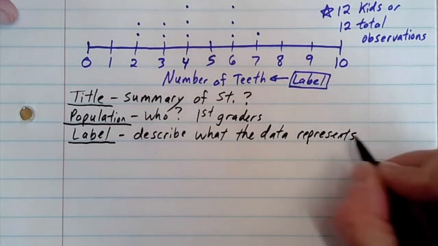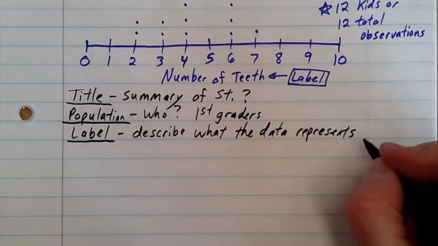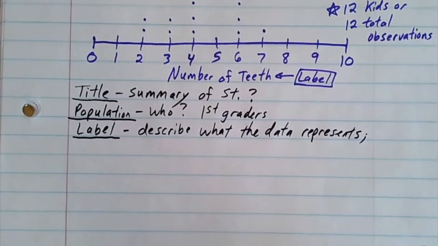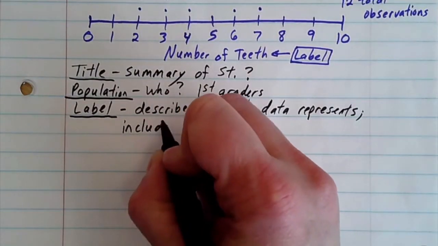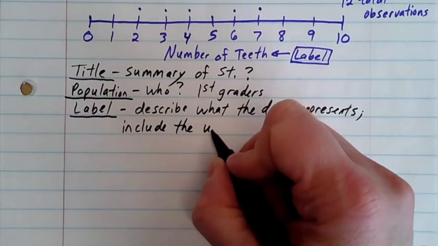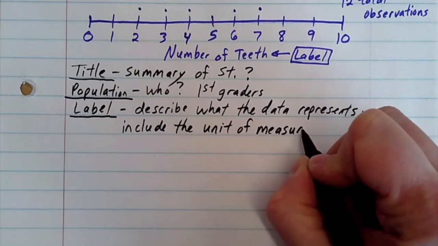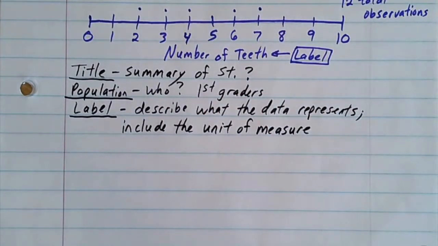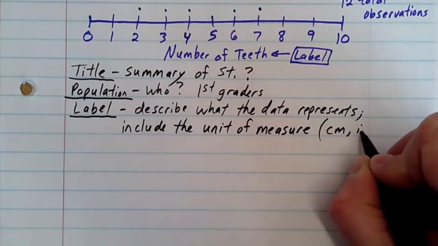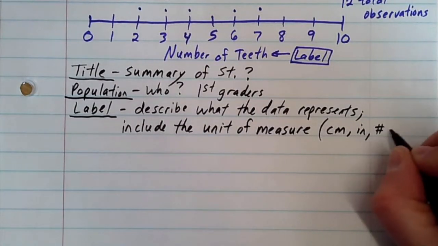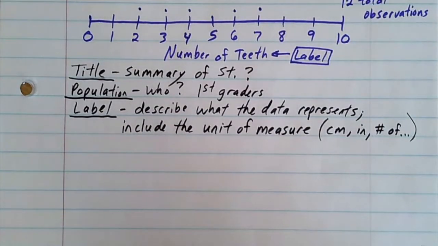The dots are referring to how many teeth they lost. So the label is important. Your label is always going to include your unit of measure. So it needs to include the unit of measure. In this example, we were measuring number of teeth that they lost, but sometimes you may have a unit of measurement that's like centimeters or inches or number of something, whatever that may be. In this case, number of teeth.